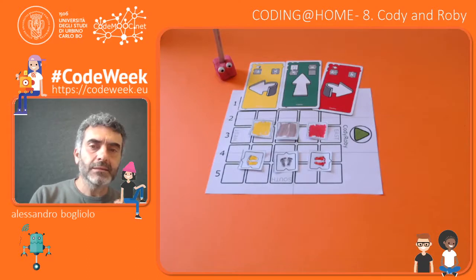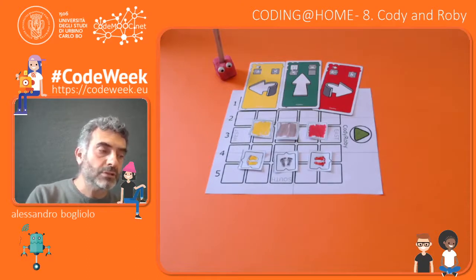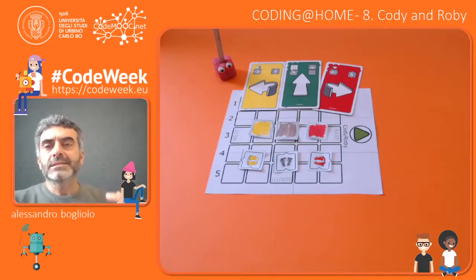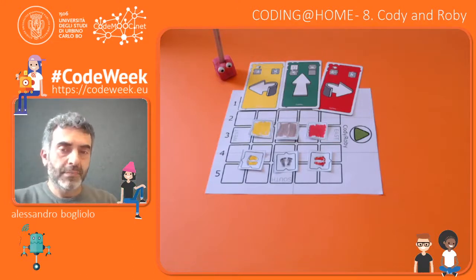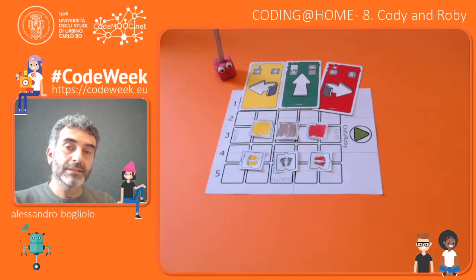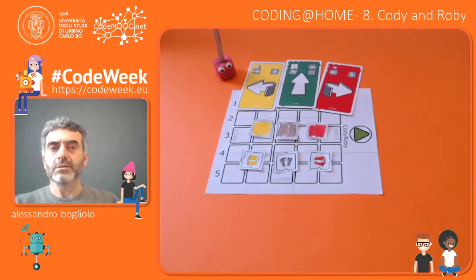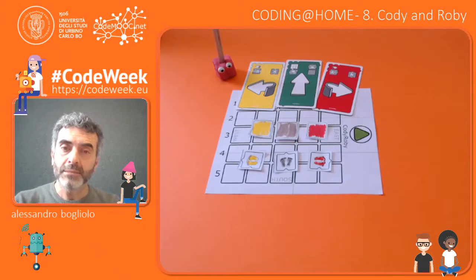Because in this case, having the instructions not directly placed on the path, our robot does not move by itself. It has to wait for an instruction also to move forward, to go ahead. And this is what this third instruction, the green one, tells the robot.